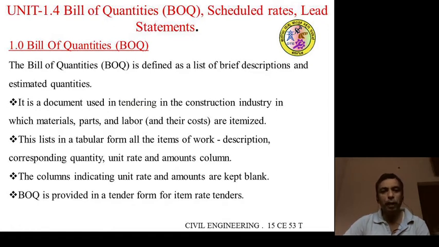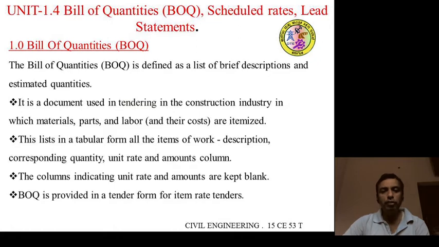This list in tabular form consists of a description of each item and the corresponding quantity of each item, unit rate and also the amount of each item. That means it will be a tabular column of serial number, next description of each item, next quantity of each item, next unit rate of each item, and finally we get the cost of each item.